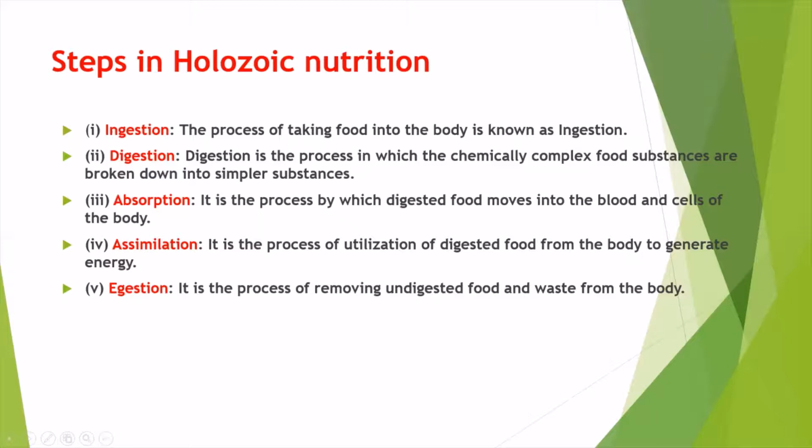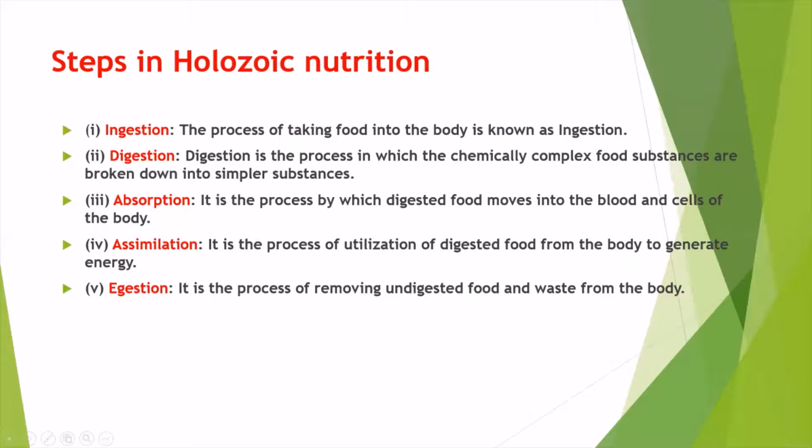Next one is assimilation, which is the fourth step. Its definition is the process of utilization of digested food from the body to generate energy. Generated energy is utilized by the body, while a few nutrients such as fats are stored and proteins are used to build and repair muscles.